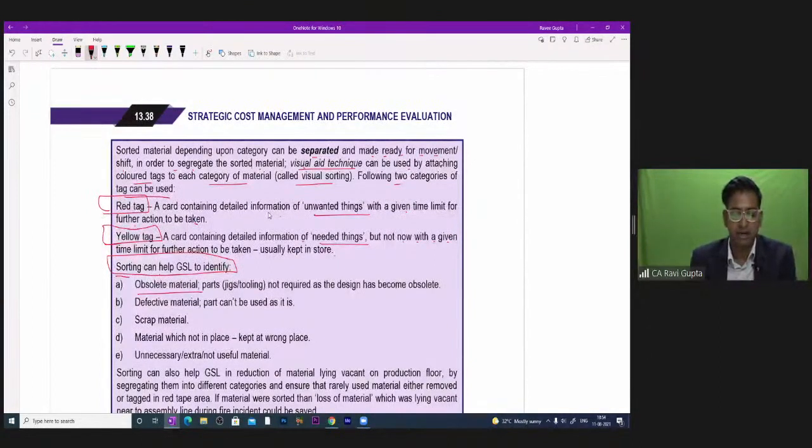So definitely it helps us to identify those. Number one, obsolete materials, parts that are not required as the design has become obsolete. Number two, defective material, as a part can't be used as it is. Number three is scrap material. Number four, material which is kept at a wrong place. Unnecessary, extra, not useful material.